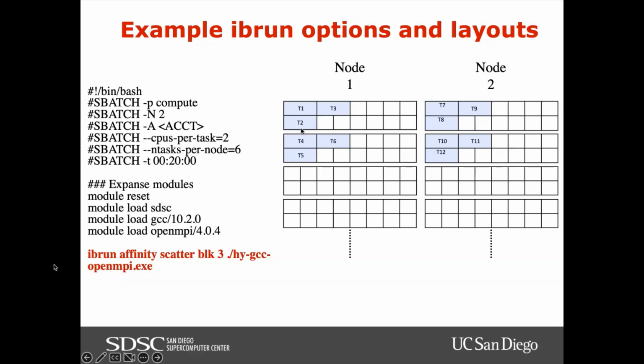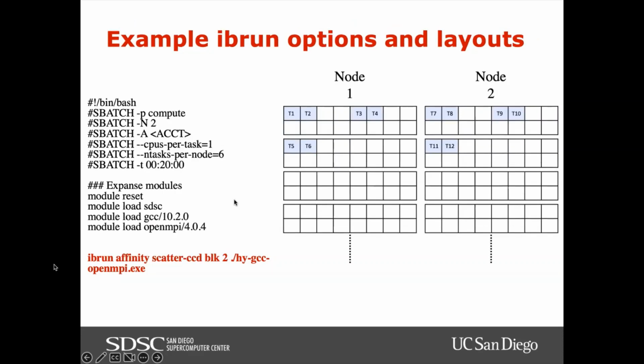So now you have T1, T2, T3 on 3 different CCXs, right? And so on. So there's that.